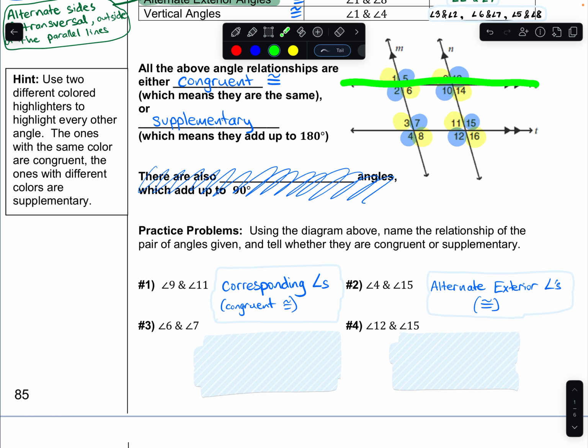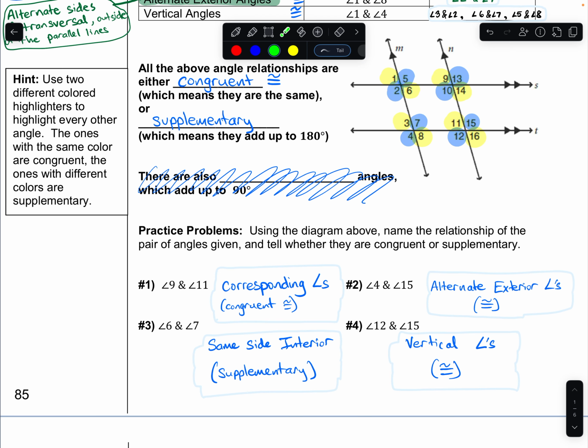And we can think of S and T as the two parallel lines with M being the transversal. These are consecutive or same-side interior, and those are the ones that are supplementary. Finally, angle 12 and angle 15, they're vertical angles, so they're congruent.